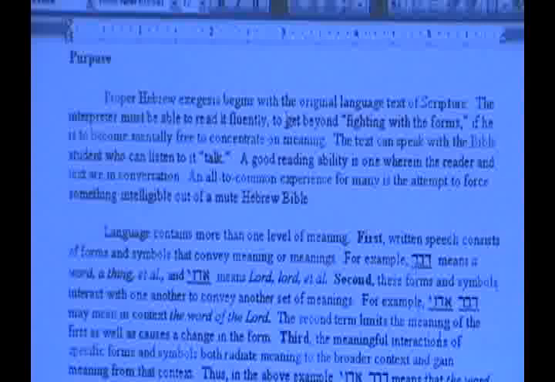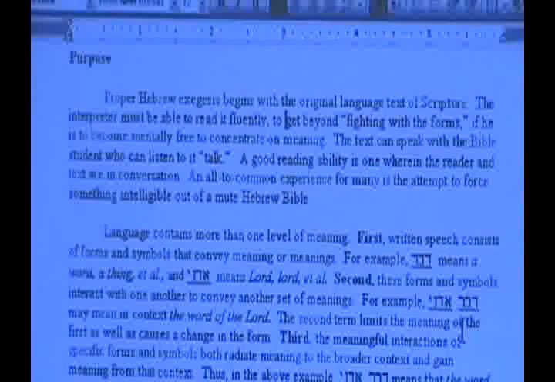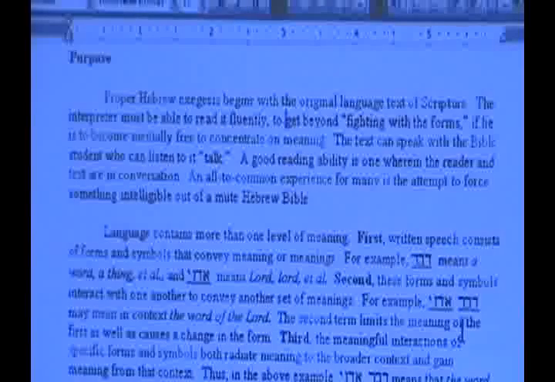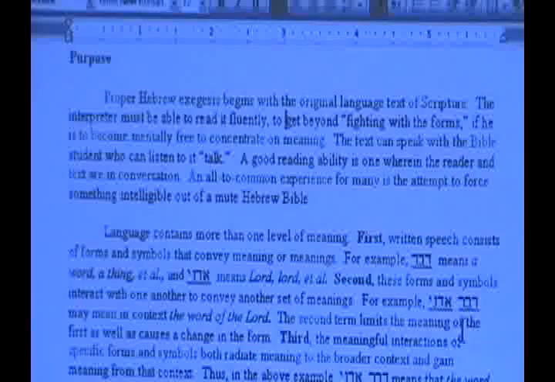These symbols have meaning. The word of the Lord, that relationship is a syntactical relationship. And that could mean many things. It could be the word that the Lord spoke, right? It could be the word that somebody said about the Lord, right?